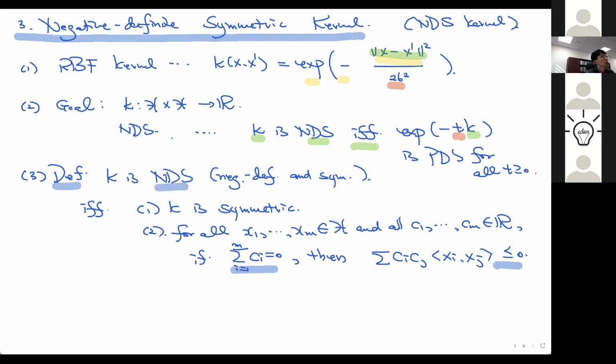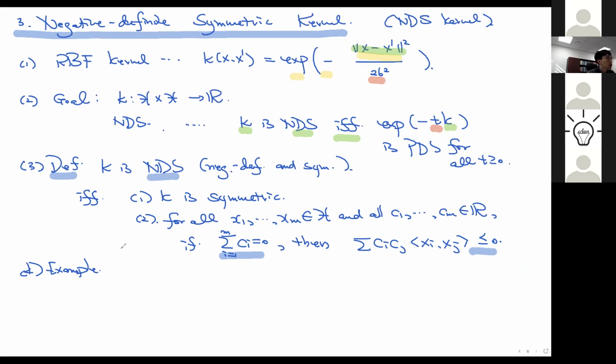I think one way to understand this definition is to look at an example. A typical example is the distance. Let's define K(x, x prime) as the squared distance.